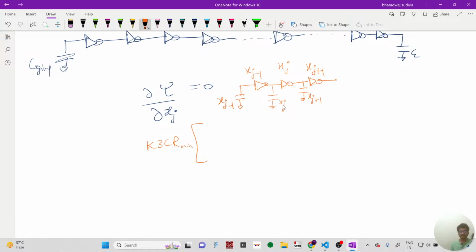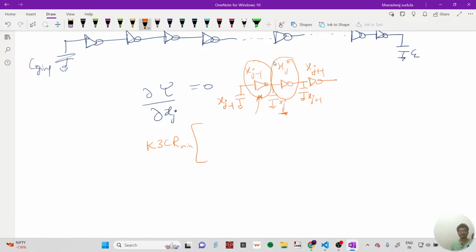So if I carefully observe, I need the fan out of this, because the input gate cap is xj and the output is xj plus 1. And I need this gate cap for this gate as well, because this gate's load is xj, right?